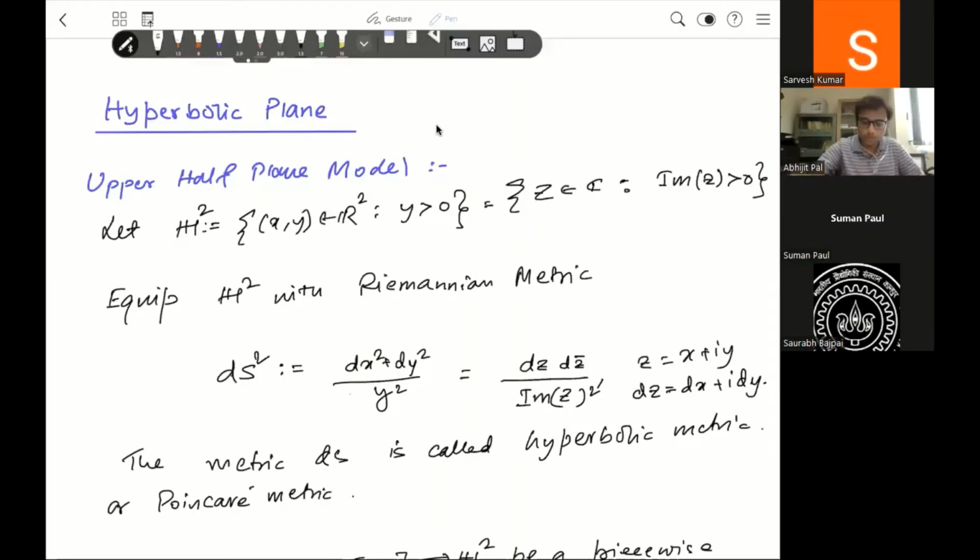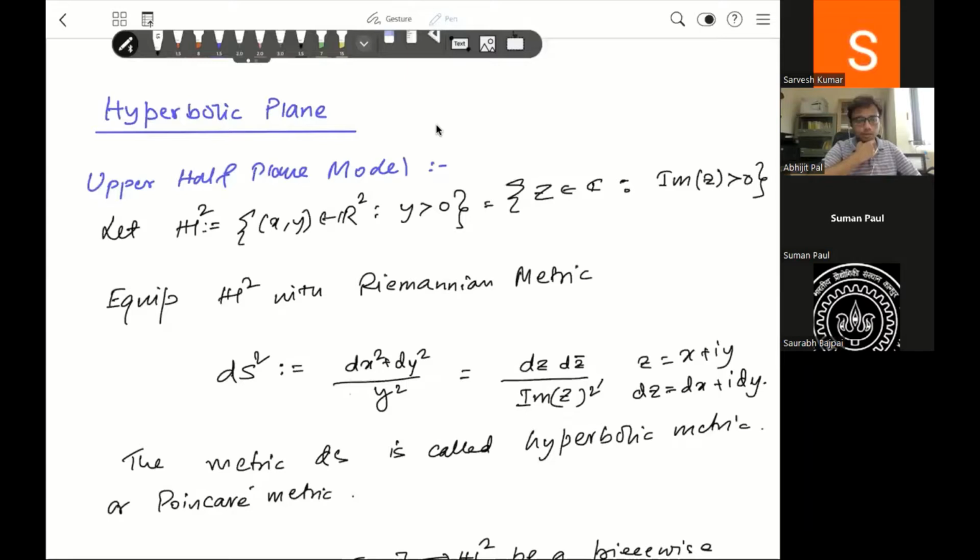Okay, so welcome back. In this lecture, I'll be describing hyperbolic metric spaces. A glimpse of the definition you have already seen from the lecture of Professor Sri Krishna. He also described hyperbolic geometry, so let me go through a bit of it: the definition of the hyperbolic plane, the upper half plane model.